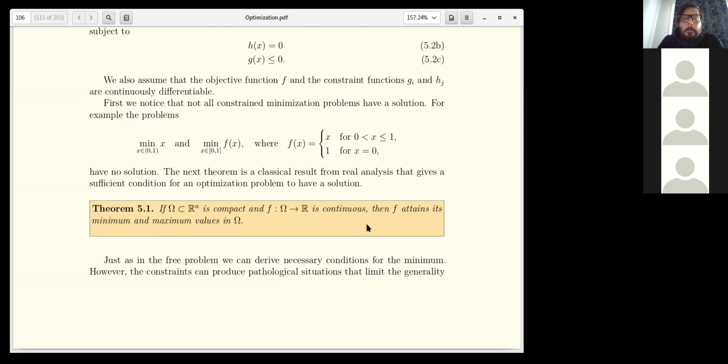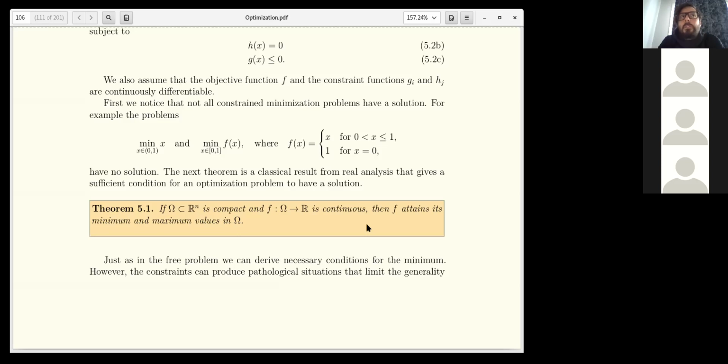So the problem here is, of course, that the constraints that we deal with, we assume now there are functions h of x is equal to 0 and g of x is smaller than or equal to 0. They can produce pathological situations that make it hard for us to have a generic result that says, okay, look at these kind of points, they're going to be the optimal.